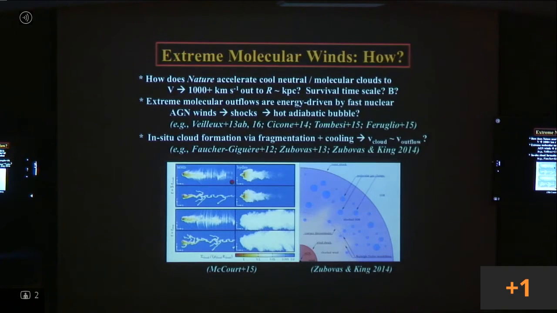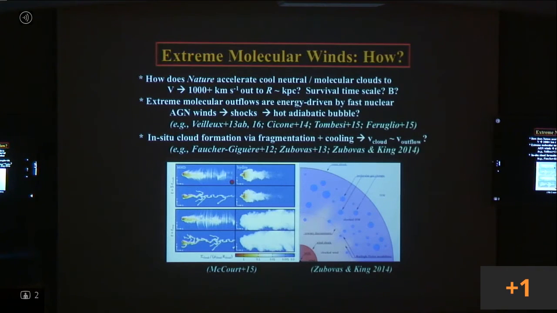Many of the numerical simulations can drive neutral molecular clouds all the way to a velocity of 1,000 kilometers per second on the scale of a kiloparsec. It just gets destroyed before it reaches that velocity. So one possibility is an AGN wind, which is radiation pressure driven, impacts on the ISM and produces a high-velocity shock, completely ionizing the material at very high temperature.